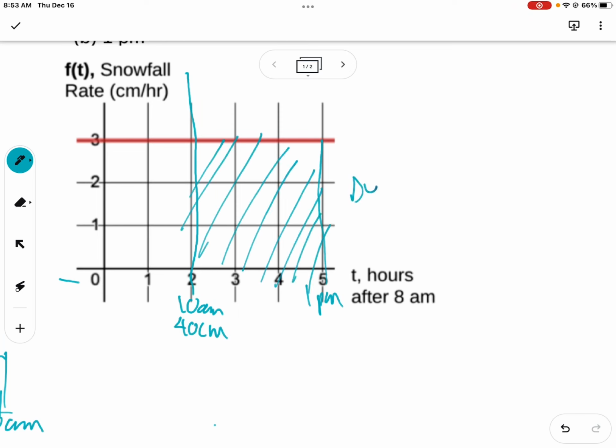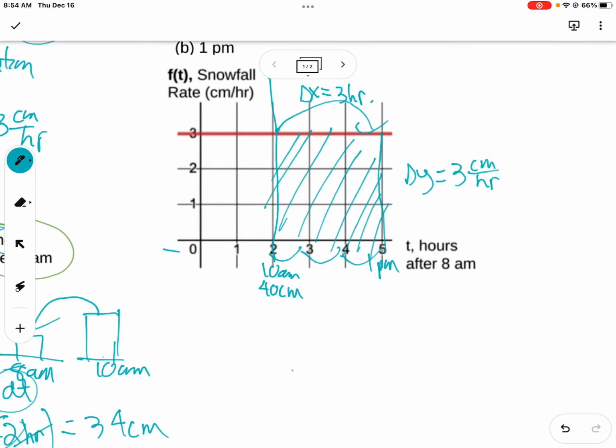Okay, my delta y is going to be 3 centimeters per hour. Delta x goes from 2 to 5. So my delta x, which is delta time, is 1, 2, 3 hours. Okay, 3 hours. So what do I do now?